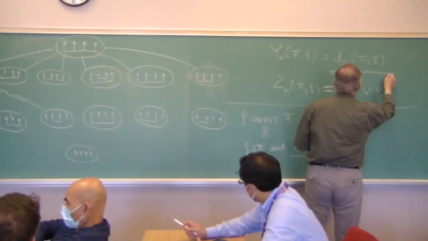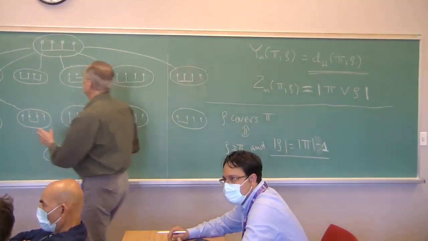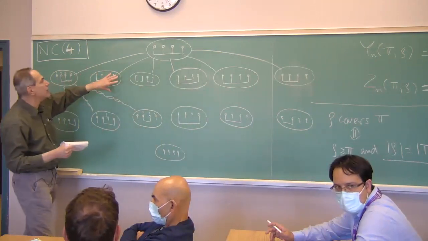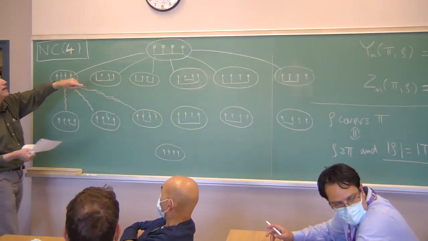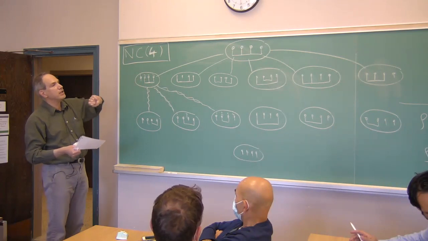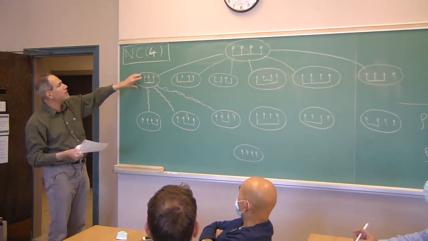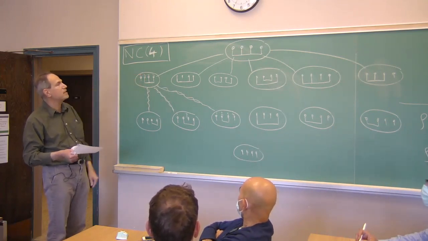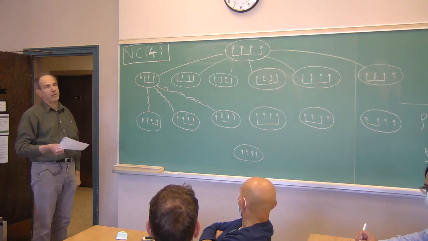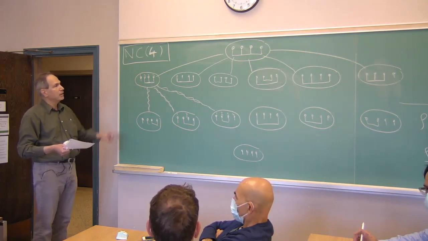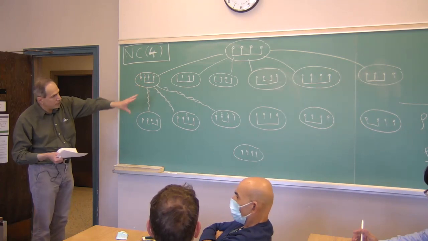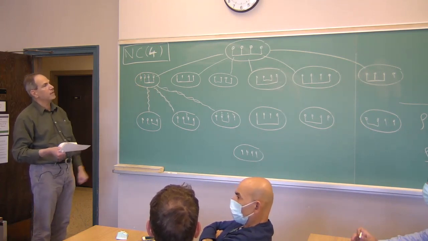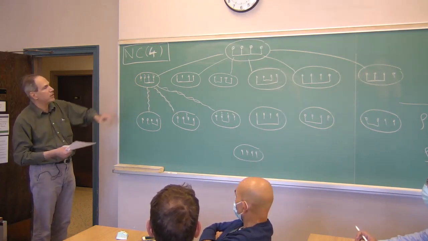So if pi and rho are two partitions, d sub h, h is for Hasse, d sub h between pi and rho is the length of the shortest path which you could draw in this graph. If you did all the edges, what was the shortest path between pi and rho?